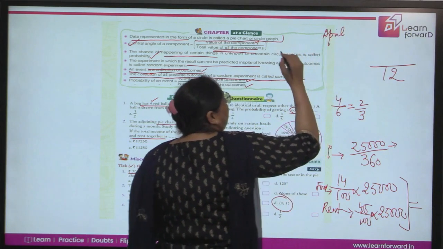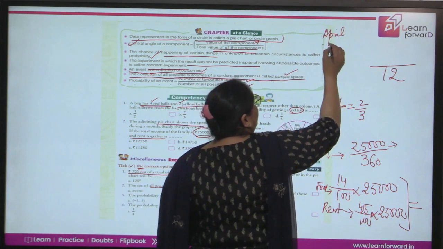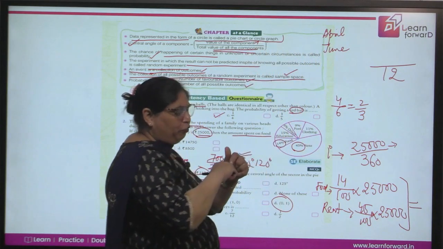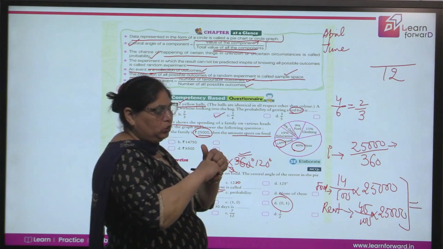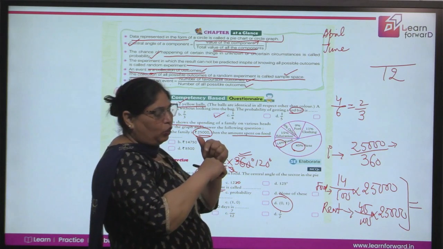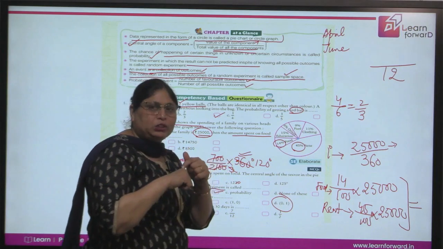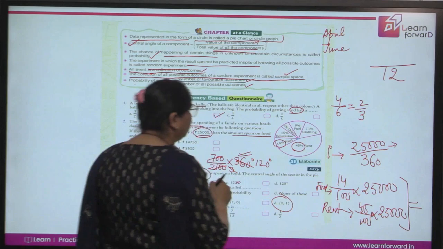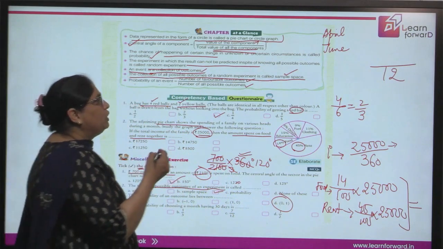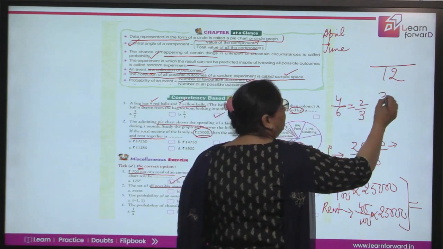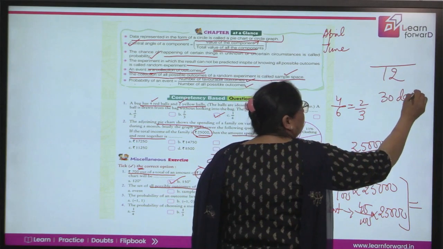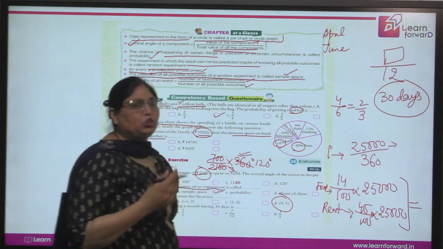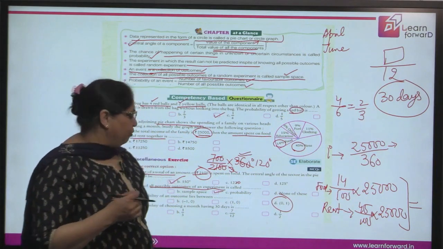April, June will be considered, July will not be considered, August will not be considered. You must be knowing this method. Then September. In this way you can find the number of months with 30 days, and then we keep that value here and divide it by 12, because the total number of months is 12.